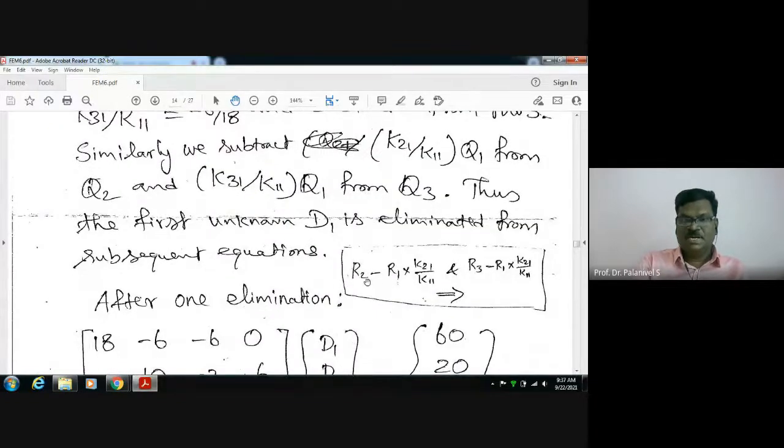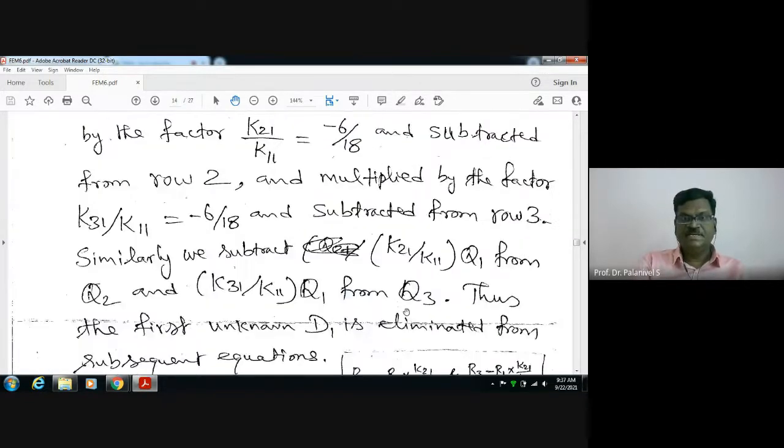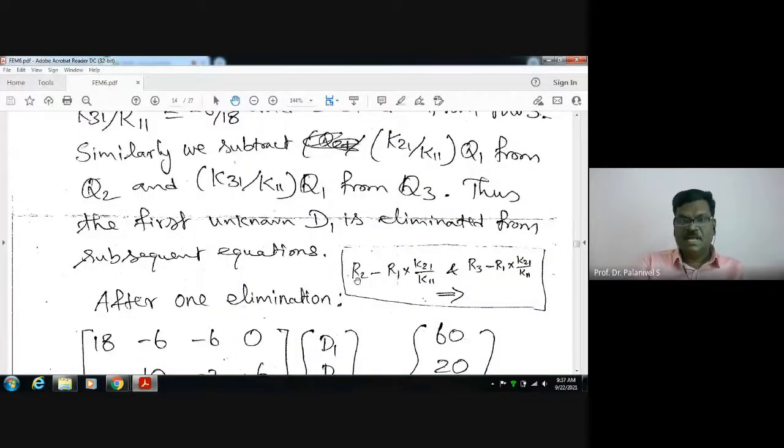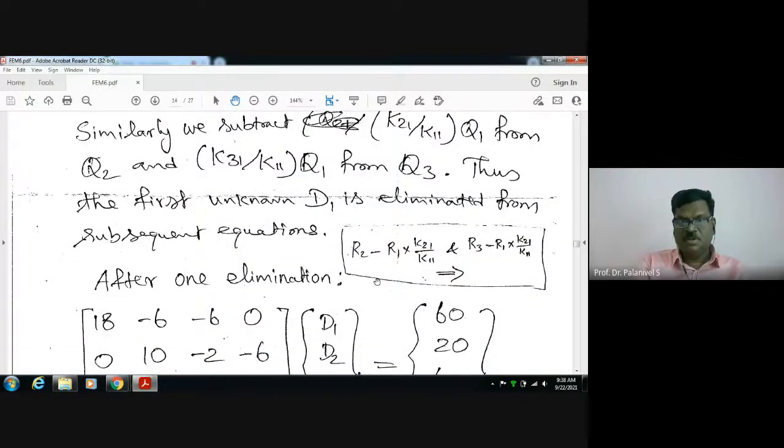R2, you underline this R2, because there you are substituting. R2 minus R1 into K21 by K11, and R3 minus R1 into K31 by K11, which implies whatever I explained here is written in notation form. I advise underlining this R2 and R3. Why underline?